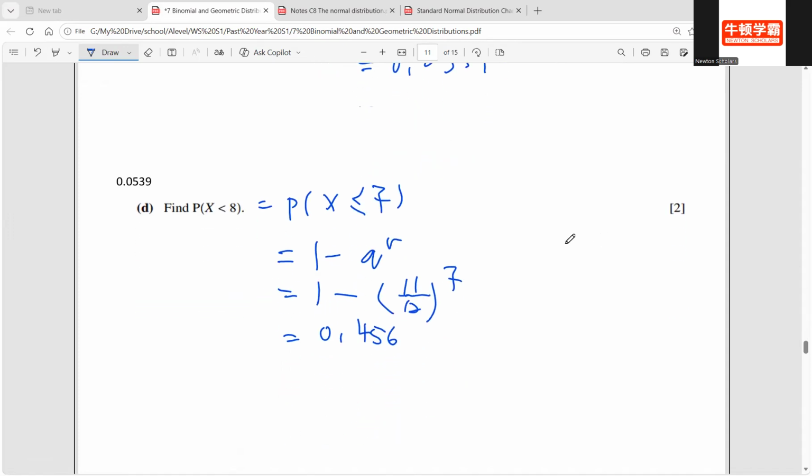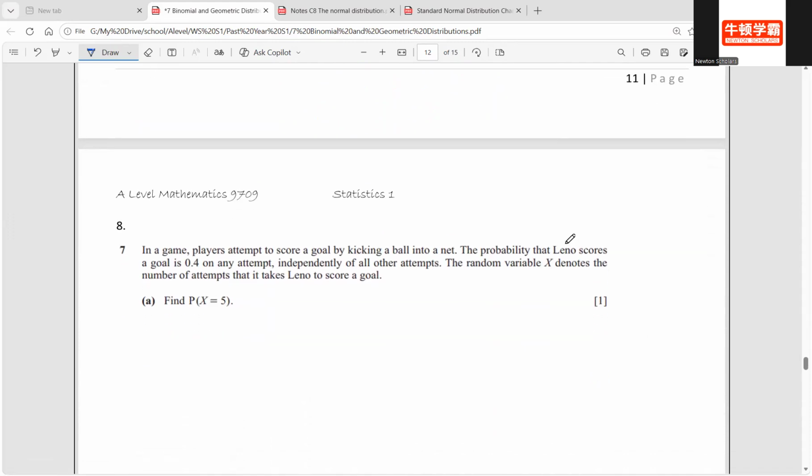Okay, we continue to question 8. He gave me the probability as 0.4, so P equals 0.4. Then he said the number of attempts he takes until he scores a goal.